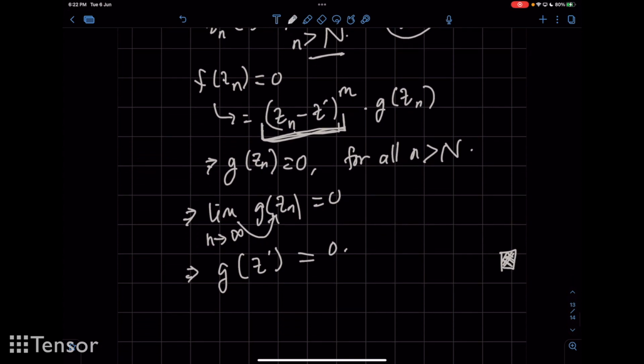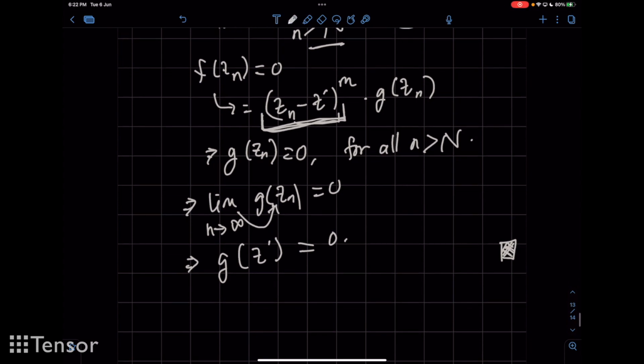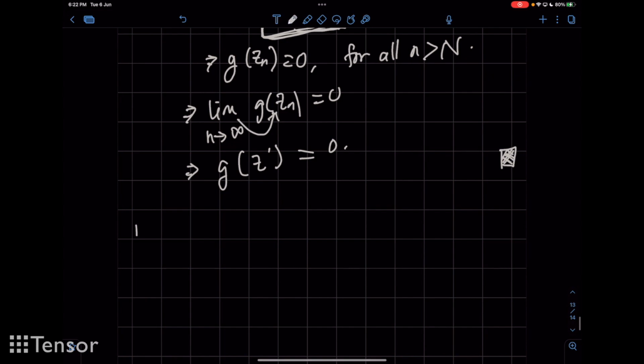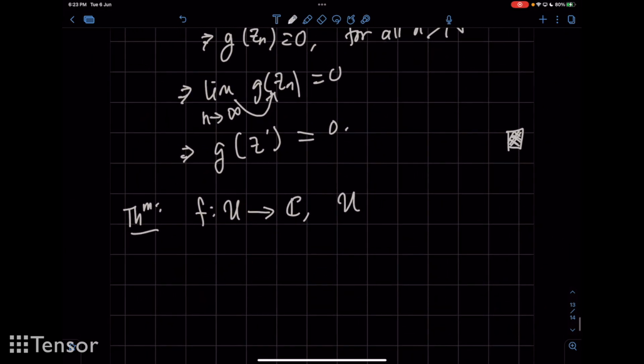All right. Now we have another theorem involving zeros of holomorphic functions. The theorem says that, let's say I have a holomorphic function f from U to C, and as usual, U is open and connected.